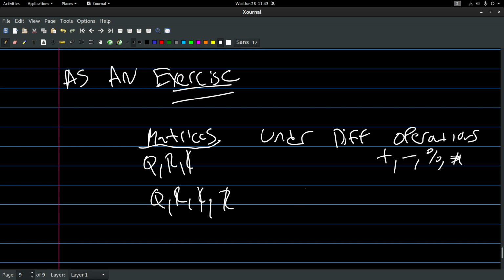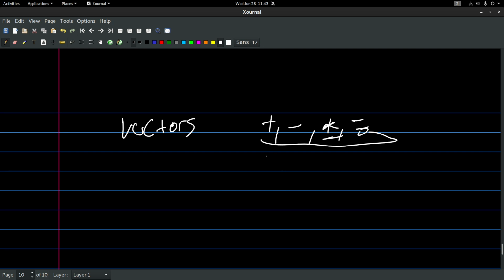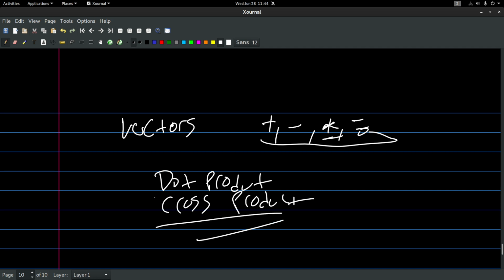Also, I talked about units. What are the units of them? And also, lastly, for vectors, what are some famous things you can do? Addition, subtraction, multiplication. I don't know if you can do division on them, but whatever you can do. And also like the dot product. Is that a binary operation? And is it associative? Is it commutative? And same goes for the cross product. Right?